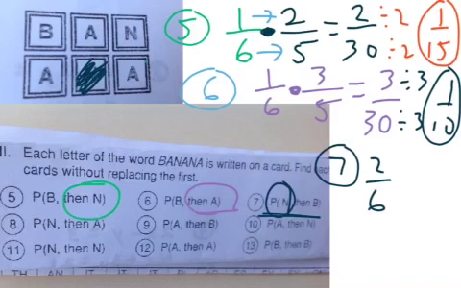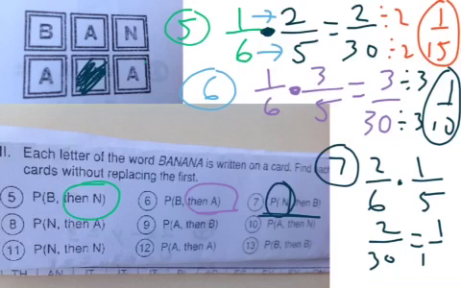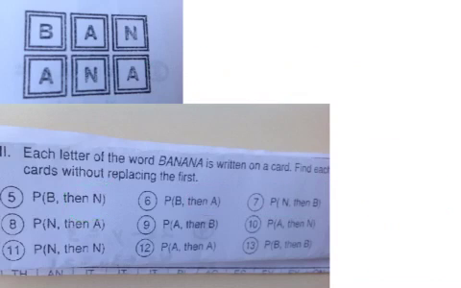It doesn't matter which N is gone, but once one N is gone, that leaves only one B out of 5 cards. So again, multiplying straight across, 2 out of 30, reduces again to 1 out of 15. Now, pause the video and make sure you have those 3 problems down. And what I'm going to do, of course, is continue on with the next 3 problems.